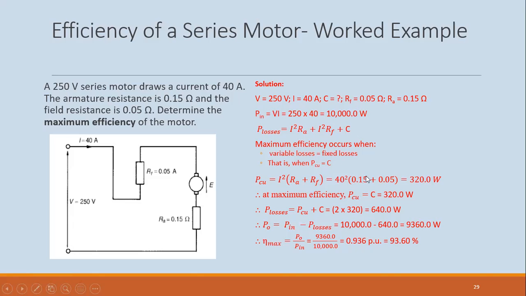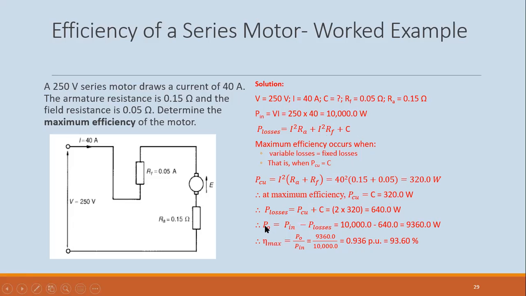And that works out to be 40 square into this. So that's 320 watts. So therefore, the total losses for maximum efficiency would be 320 times 2, PCU plus C, 640.